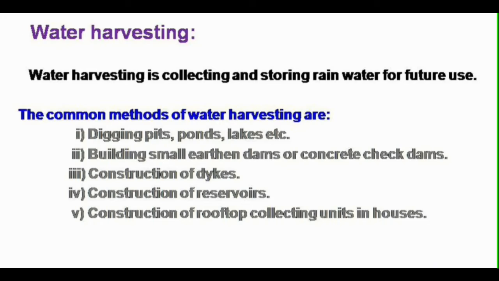The common methods of water harvesting are digging pits, ponds and lakes, or building small earthen dams or concrete check dams. We can make dikes, or construct reservoirs, and also we can construct a rooftop collecting unit in houses.